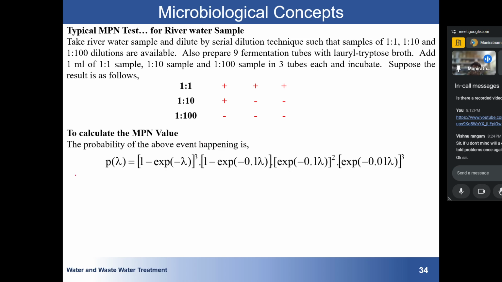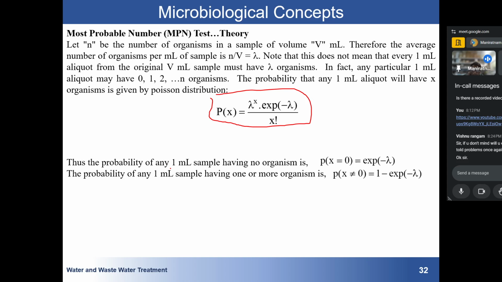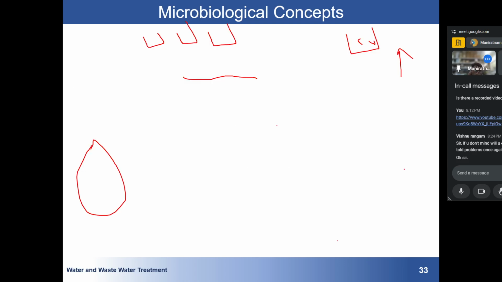To calculate the MPN value, we know P(lambda) will be given. How have we defined P(lambda)? It will be either e^(-lambda) or 1 minus e^(-lambda). Here no pathogens are there, here some pathogens are there.